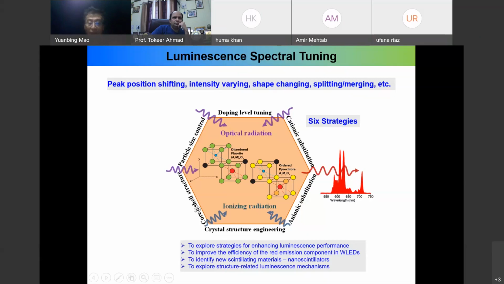Then we can also engineer the crystal structure. And since we are talking about nanomaterials, we can use core and shell structures. I'll show some examples related to each of these strategies. So that's the overview of these different strategies.